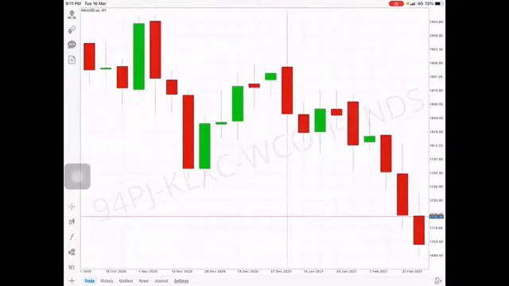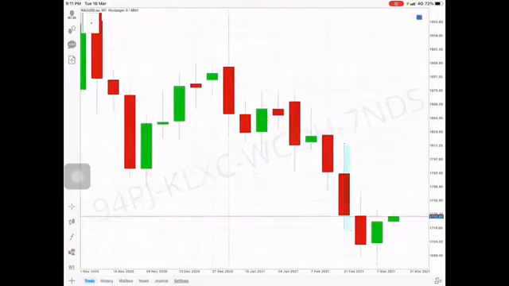So this is how it's going to look like in a line chart.